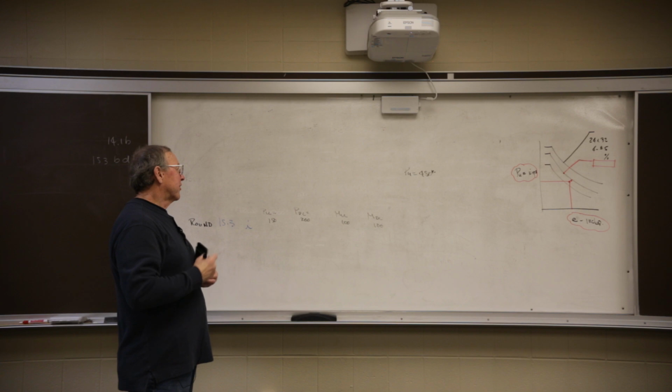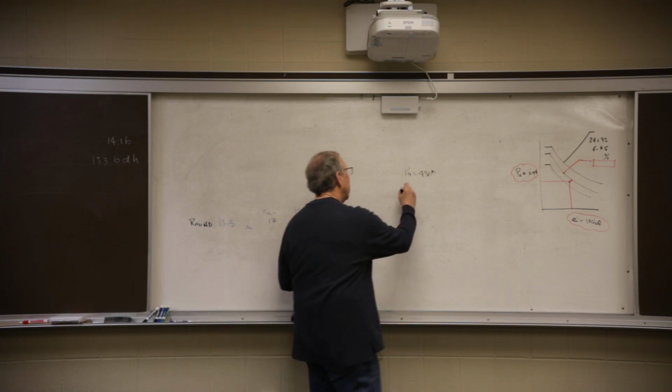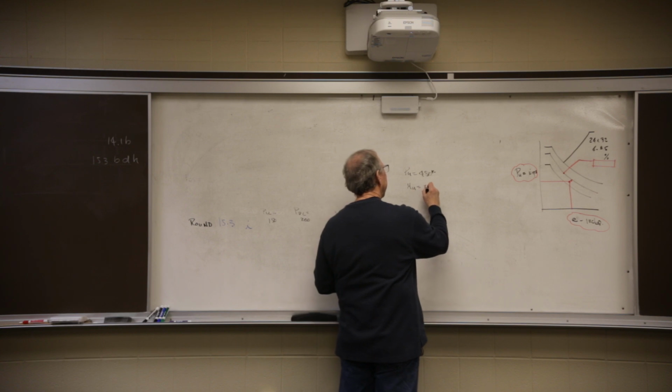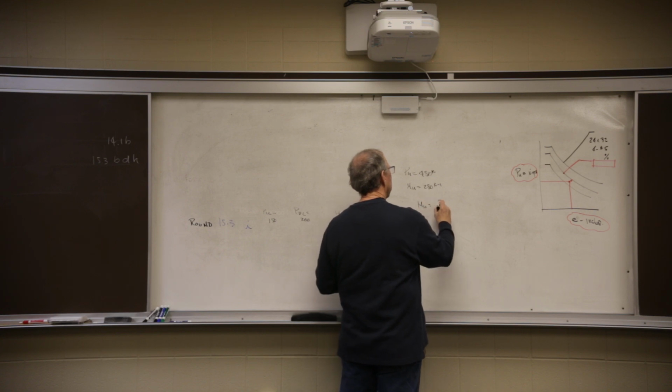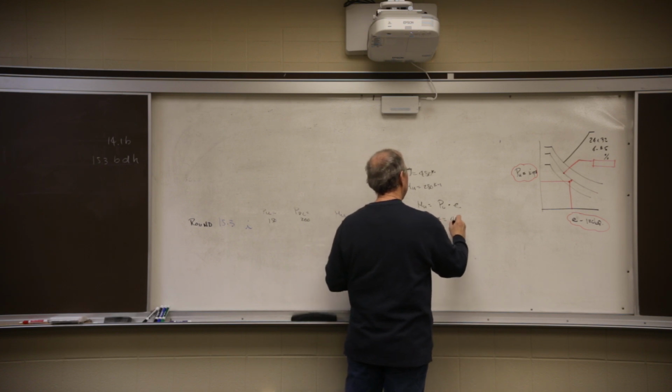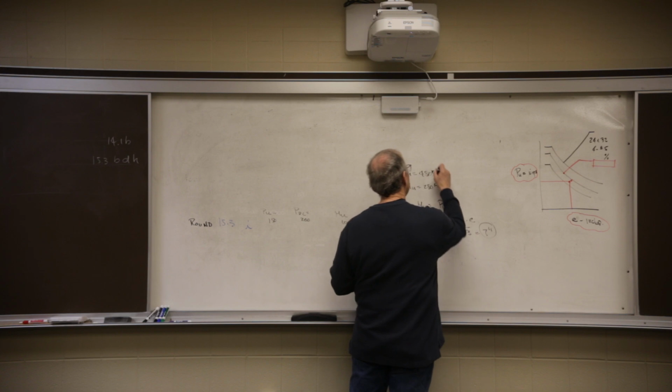Moment, 1.6 times 100 plus 1.2 times 100 gives me that 280 I just had. Moment equals force times distance. 280 equals 480 times E. E equals 0.58, bunch of threes, 7 inches.